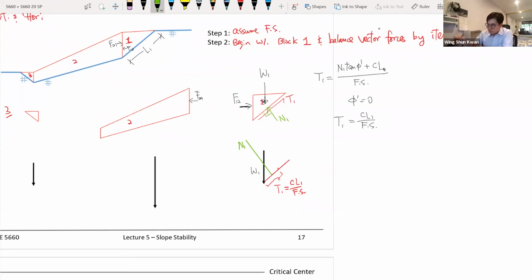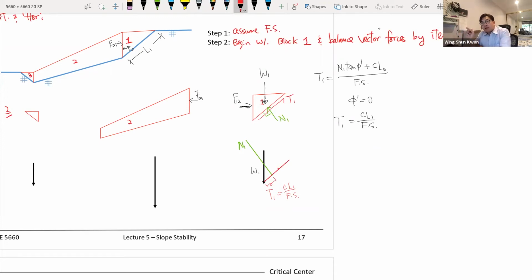You know T1. So I move the scale to make my life a little bit easier. Now assume this much here is what you calculate. T1 is easy, you can calculate that, but you need to assume a factor of safety. N1 you don't know, but you don't need to know because you know W1 and you know T1.